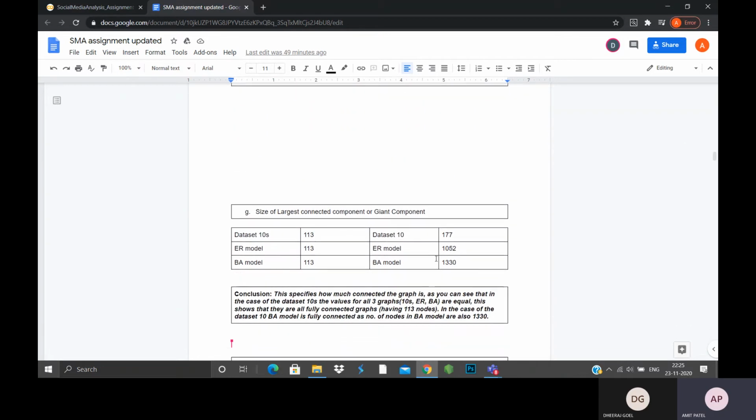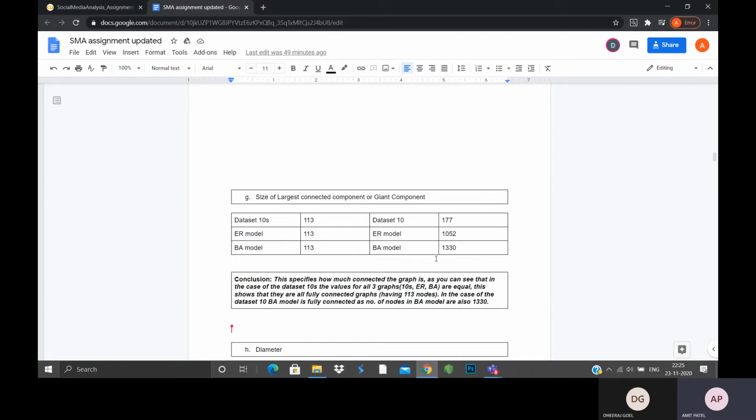Then later, the size of the largest connected component or giant component. Basically, a graph has a largest connected component. We divide our graph into components, and the number of nodes in the largest component is the size of the largest connected component.